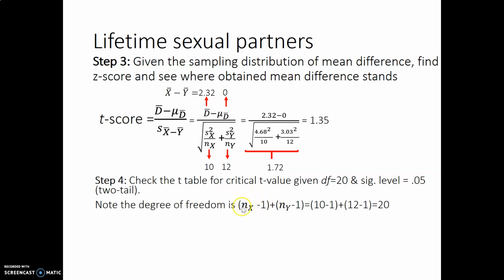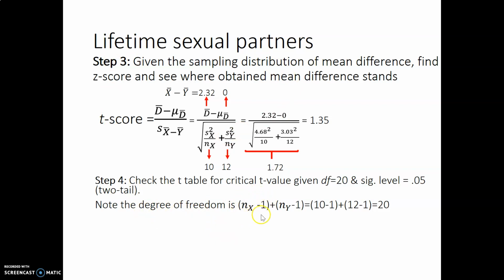This part in the bracket is the degree of freedom for our men sample. And we also add up the degree of freedom for women, that is the sample size of women minus 1.